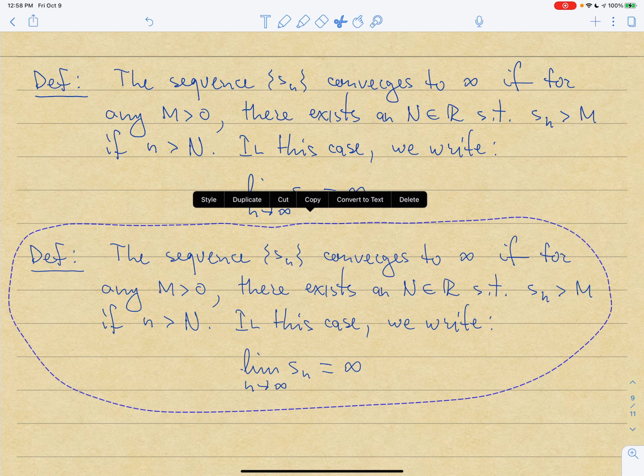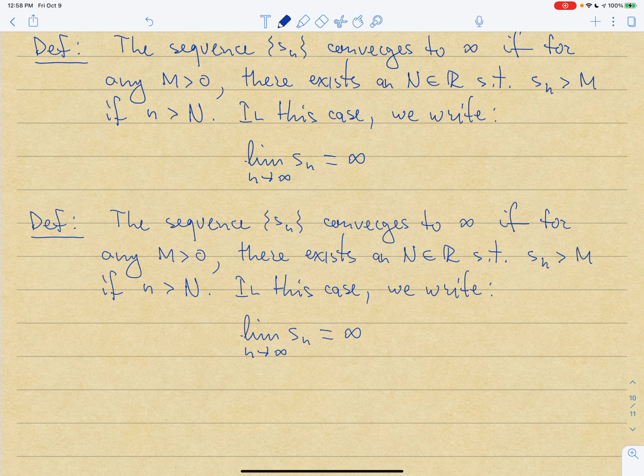So that will be the second definition. The limit is going to be minus infinity in what case? If the elements of my sequence can become as negative as I wish, provided that n is sufficiently big.